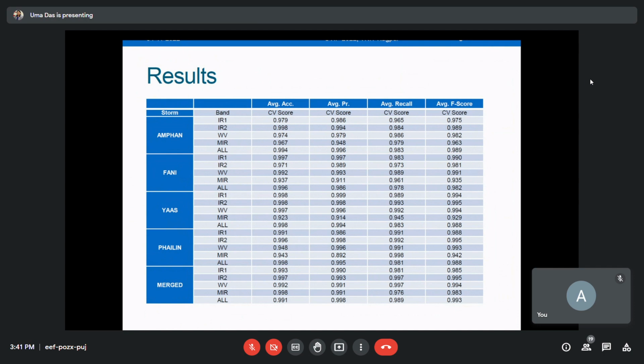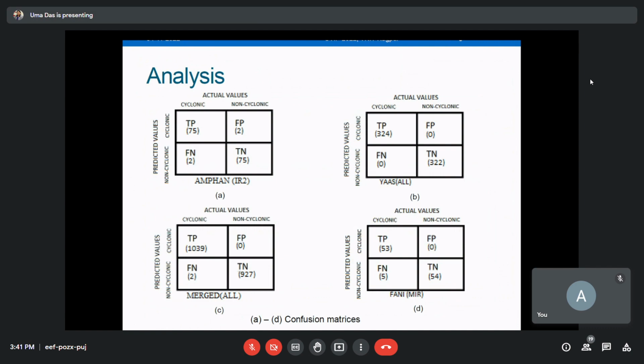So we are continuing with deep learning itself. These are some of the confusion matrices. You can see that they are doing really well. Your false positives and false negatives are practically zero, with very small numbers occasionally.